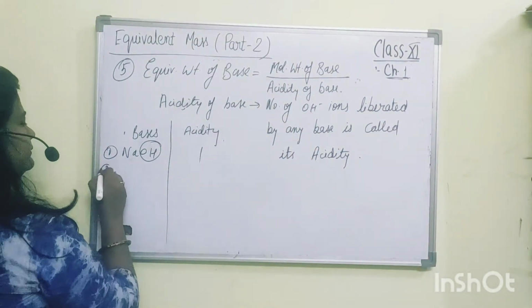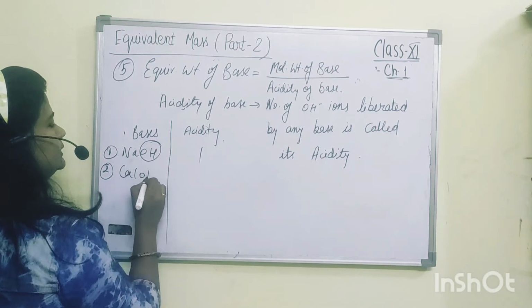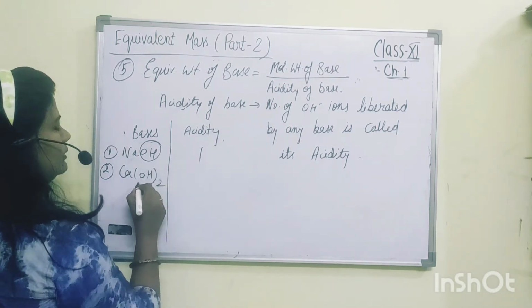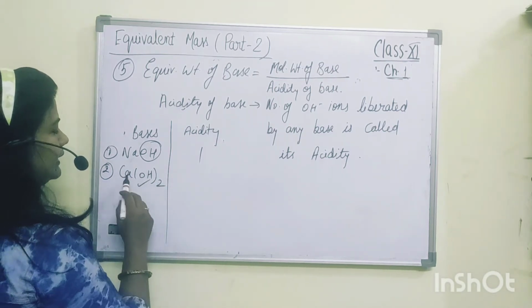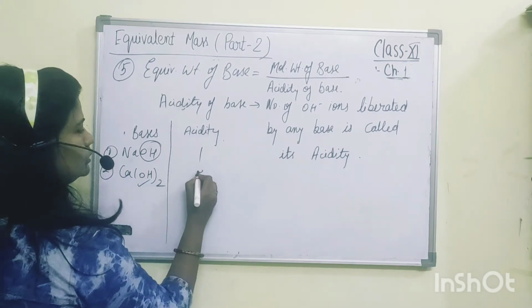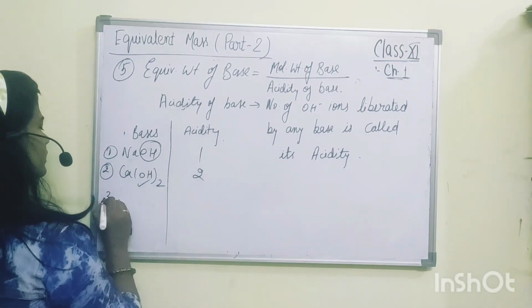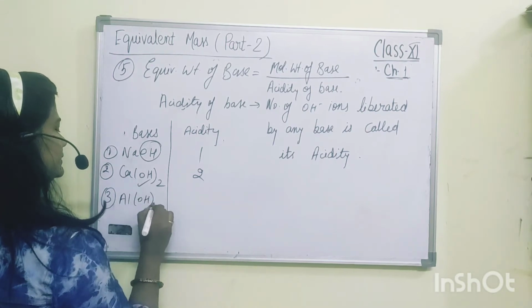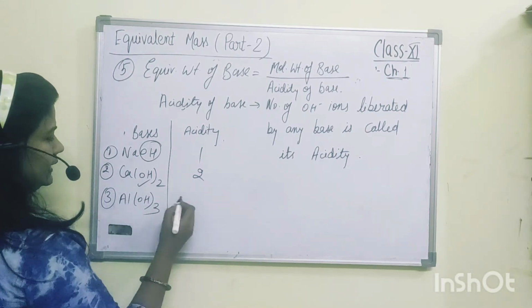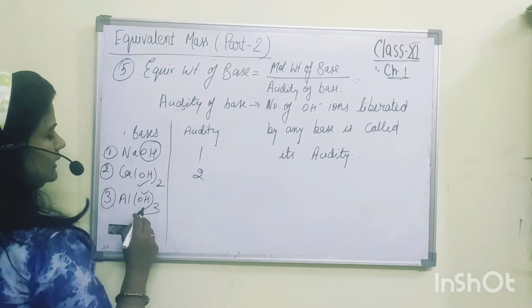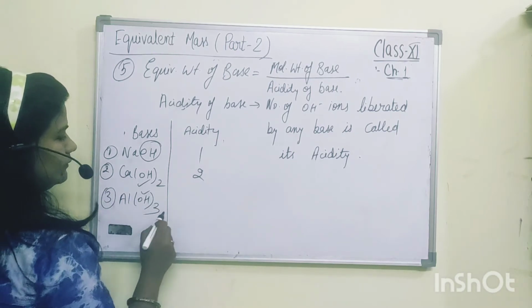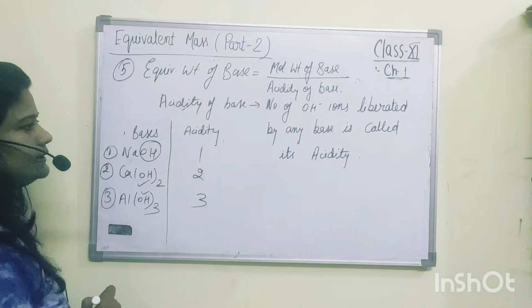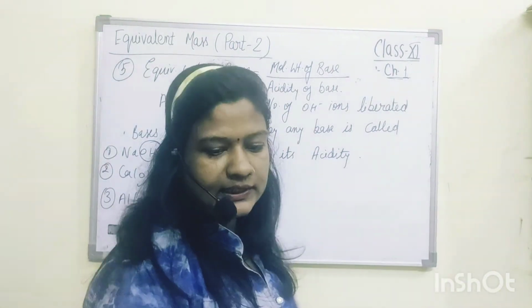Second, calcium hydroxide: the number of OH minus ions liberated is 2, so its acidity is 2. Third, Al(OH)3, aluminum hydroxide: the number of OH minus released is 3, so its acidity is 3. Okay, we take an example.